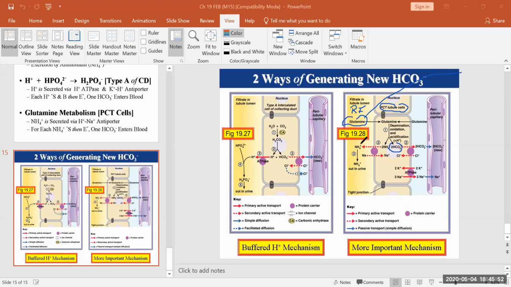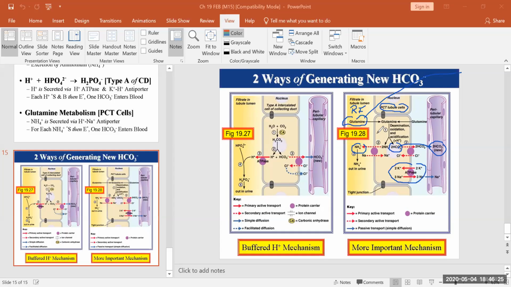Ammonium gets out and is excreted in the urine. Sodium gets in because of the sodium potassium ATPase. This drives sodium getting in, ammonium gets a free ride being kicked out, and bicarbonate gets in. This is new. For every single glutamine reabsorbed, it can generate 2 bicarbonate.